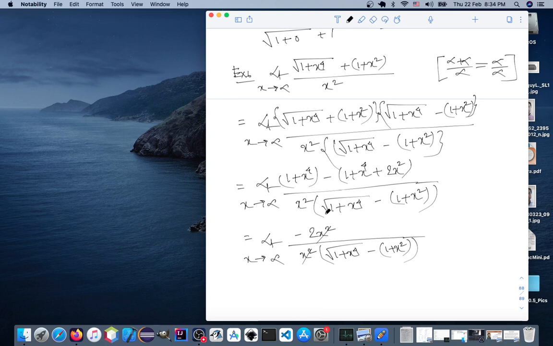So now x square gets cancelled. We are left with minus 2x square by x square. This is becoming 1 by infinity minus infinity form.